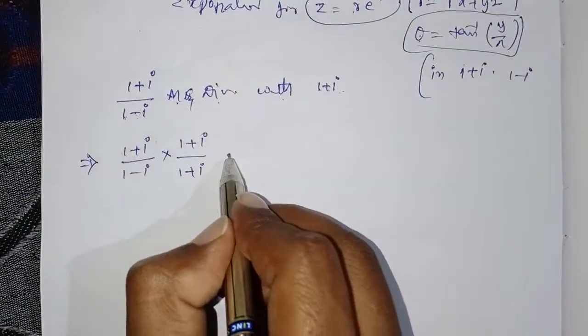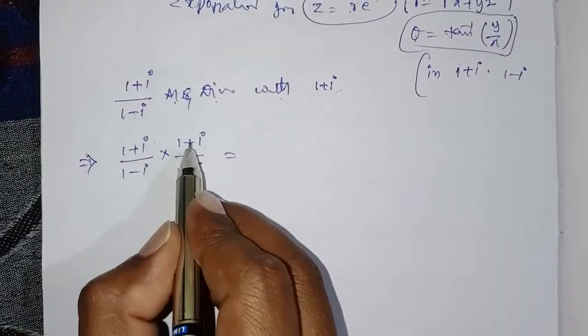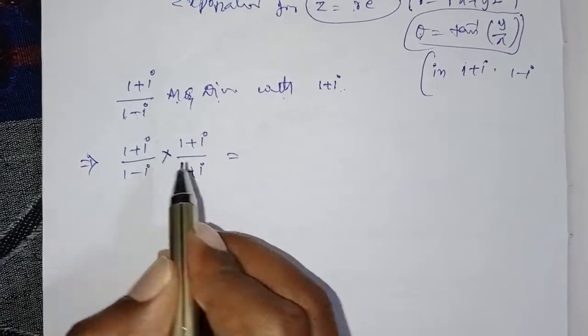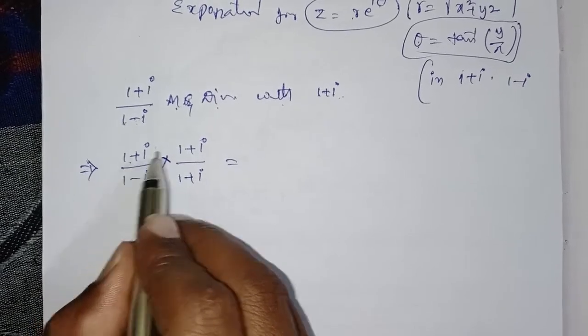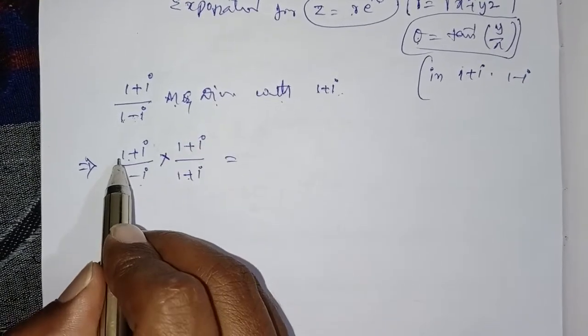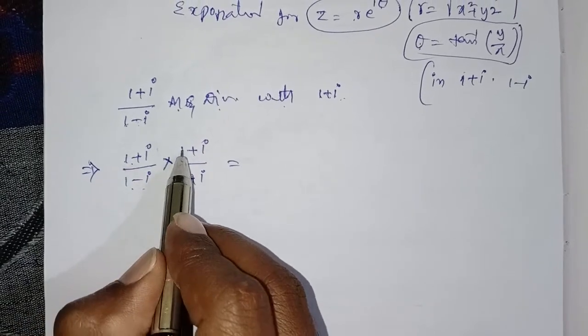That is equal to, see, multiply the numerators as well as the denominators, because between these two we have only a multiplication symbol. So multiply numerator into numerator and denominator into denominator. See, this is (1 + i)(1 + i).